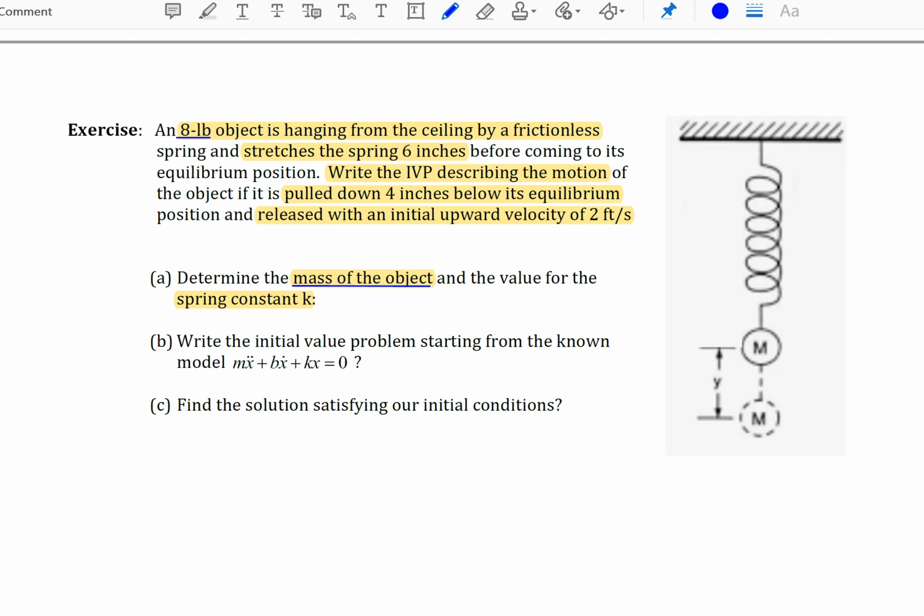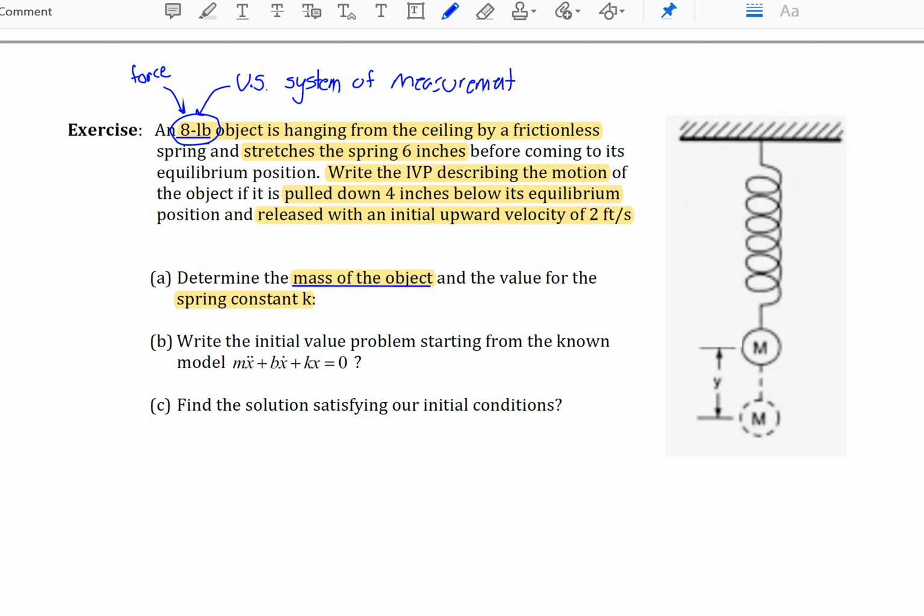When they say 8 pounds, we have to recognize that we are in the U.S. system of measurement. And in the U.S. system of measurement, that 8 pounds is not a mass, it's a force. In the U.S. system of measurement, pounds is a measure of force, not mass.